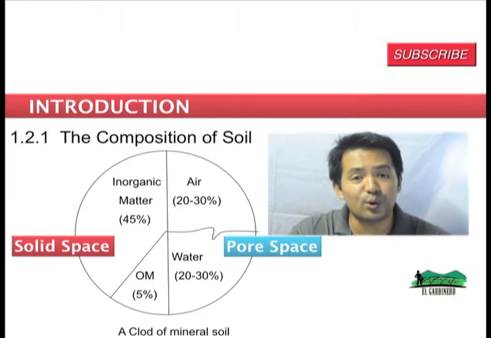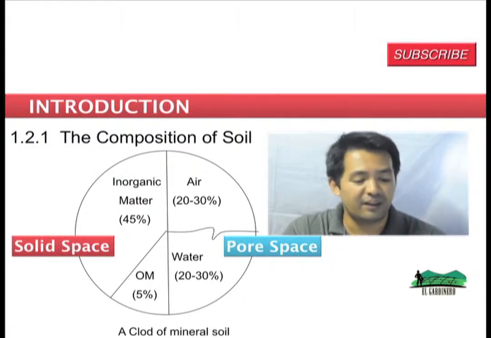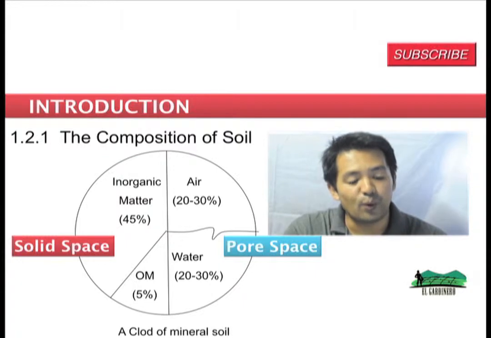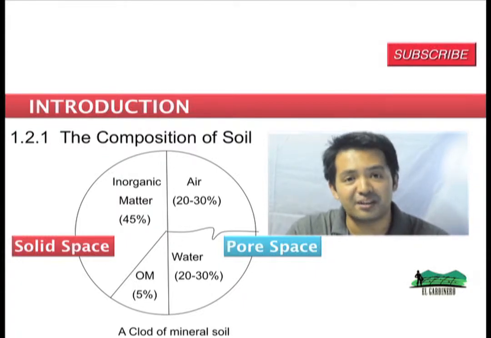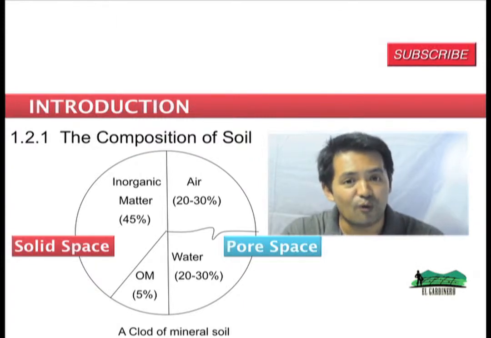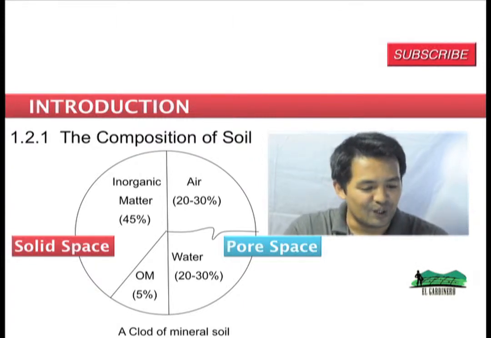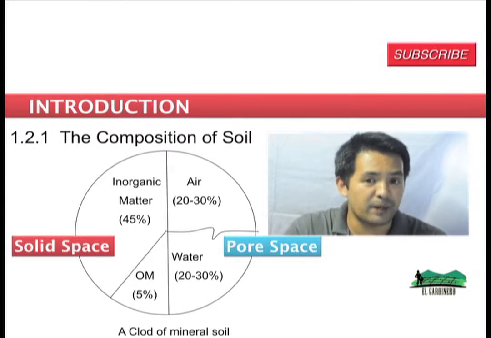Now I'm presenting to you a diagram of the soil composition. And as you can see, we have 4 divisions of the circle representing the volume that is occupied by the soil. Or in other words, in the soil, we have these 4 components. So the first half of the circle is the solid space.